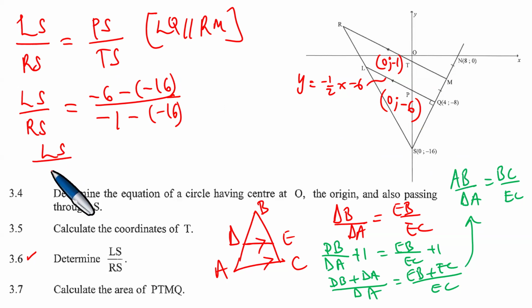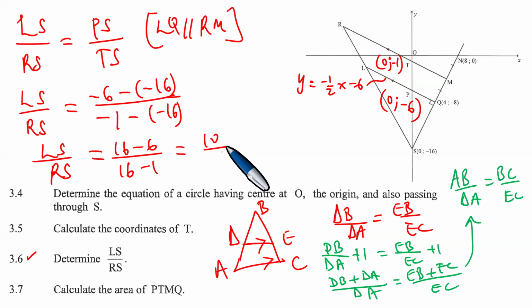And therefore this is LS over RS: 16 minus 6 over 16 minus 1. What is 16 minus 6? It's 10 out of 15. And so 10 out of 15 means 5 goes how many times into 10? 5 goes 2 times and 3 times.